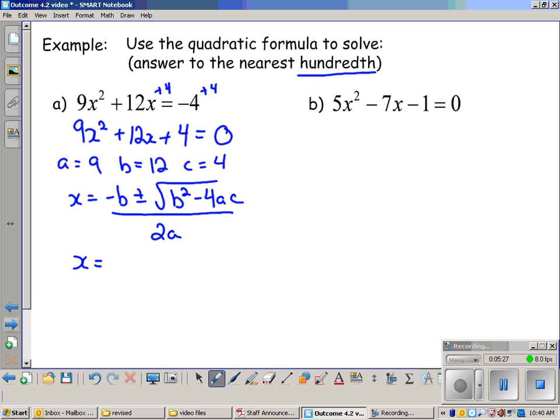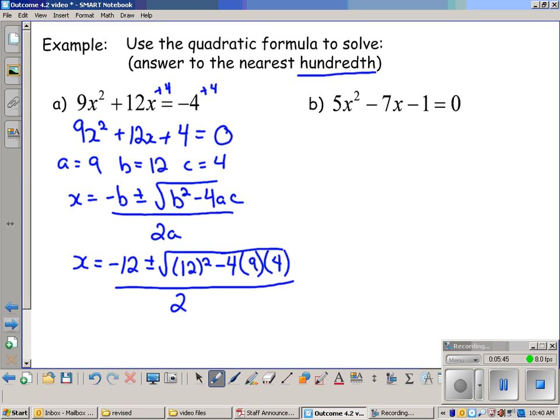Negative b becomes negative 12 plus or minus the square root of 12 squared minus 4 times a, which is 9, times c, which is 4, all over 2 times a, and again a is 9.